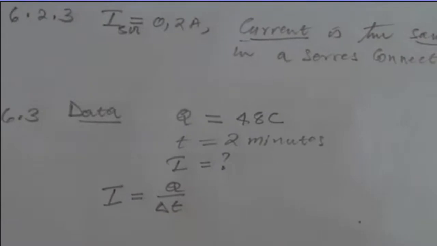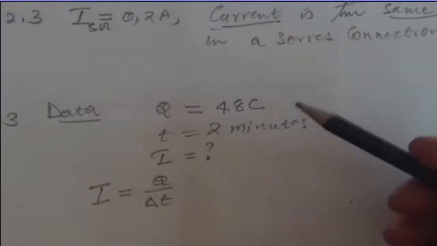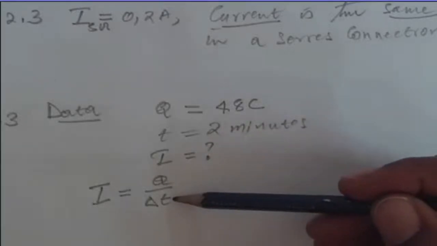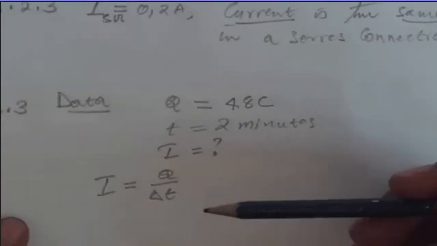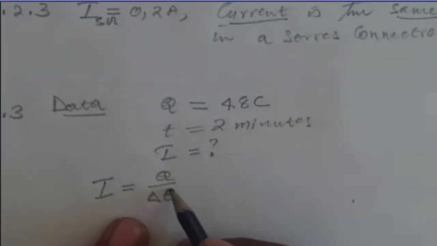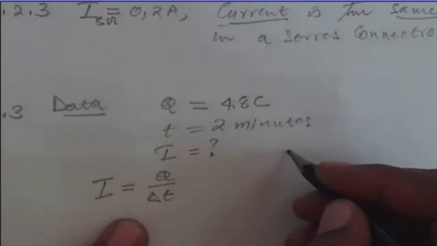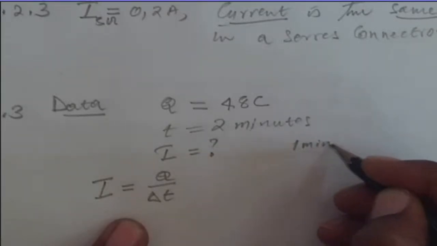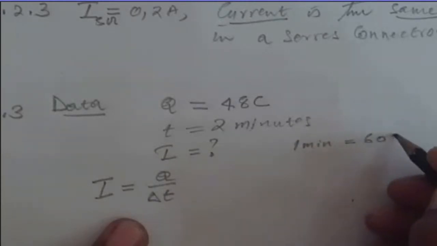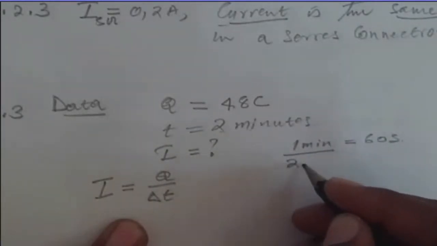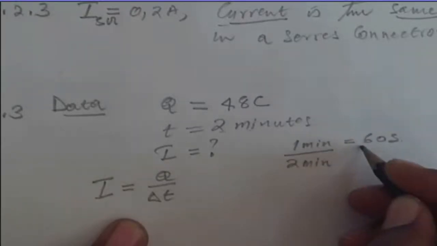Now the time is in minutes, and I always need to change it to seconds. So 1 minute is equal to 60 seconds. I'm having 2 minutes, so how many seconds will that be?